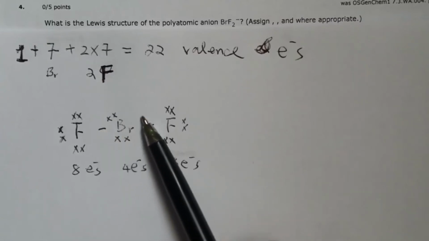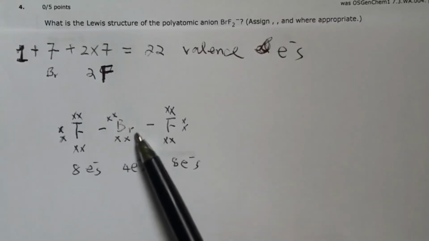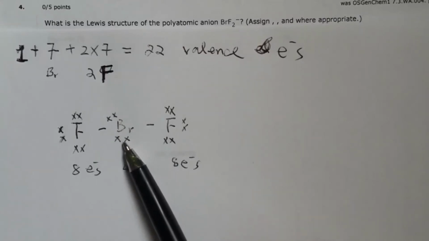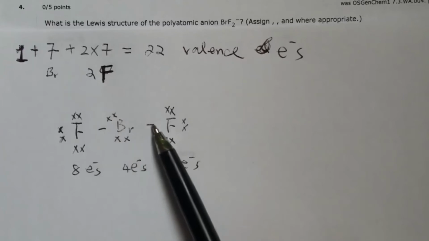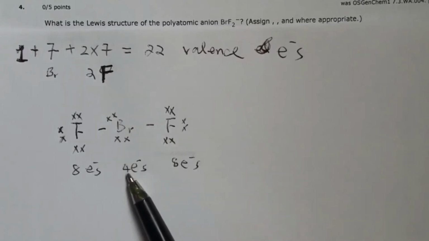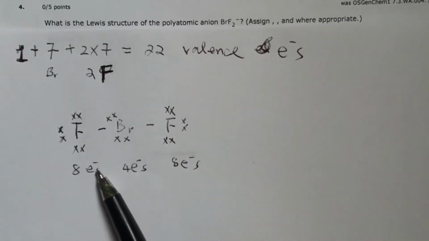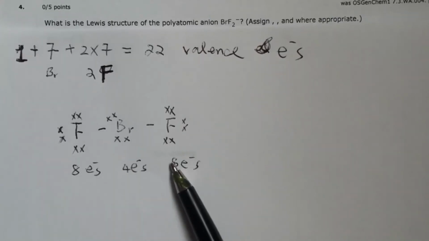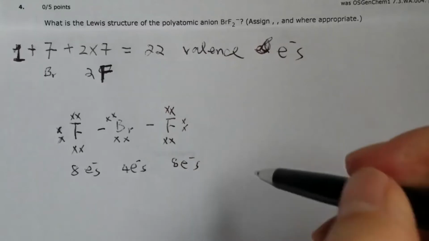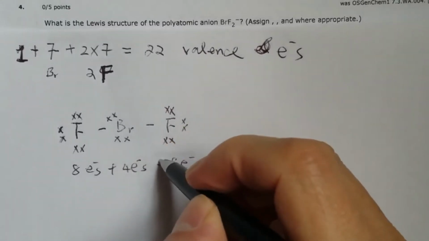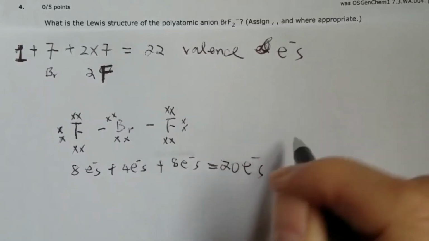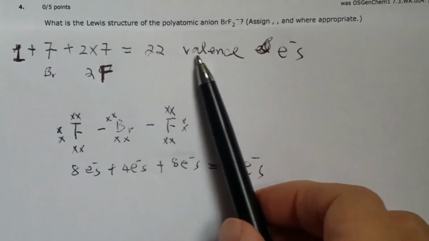Even though it does have 8 electrons surrounding it and meets the octet rule, the actual number of electrons we assigned after the bonding electrons for bromine is only 4. So that's 8 plus 4, 12, plus 8, it's only 20 electrons, all right? But there are 22 valence electrons.